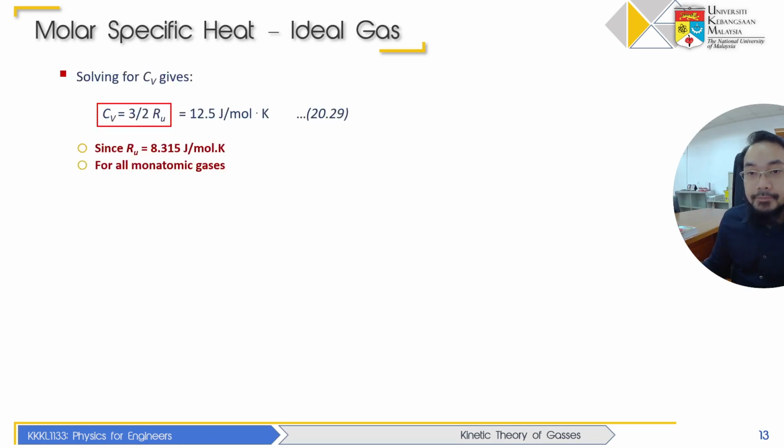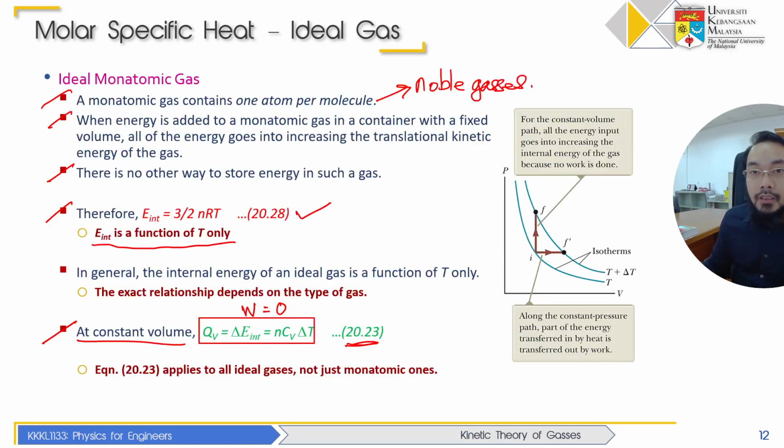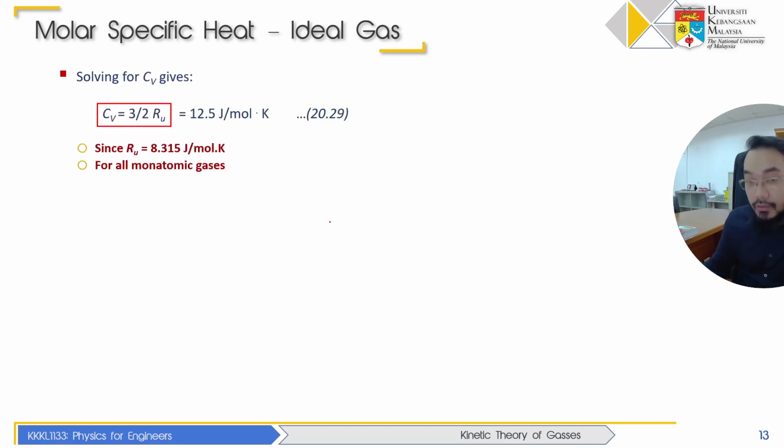So we have this, and now we can relate this equation with this equation. Solving for C_V, we get C_V equals 3/2 R_U, and the value is a fixed 12.5 joule per mole Kelvin.